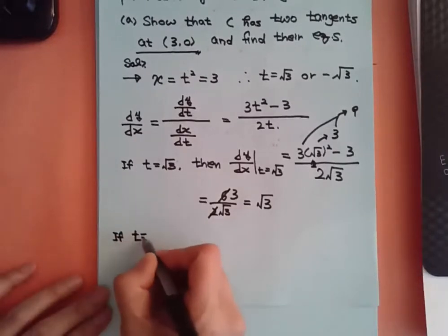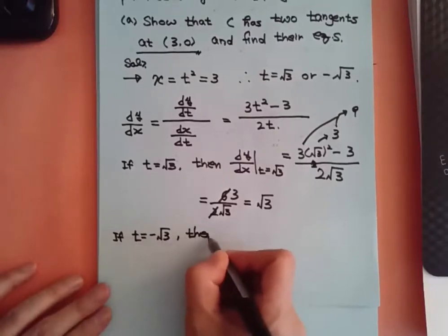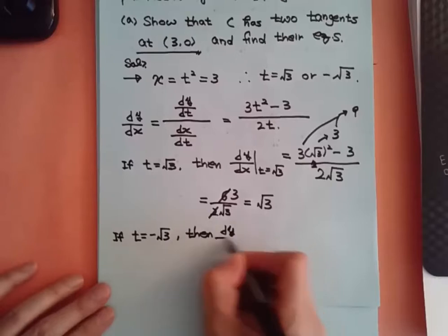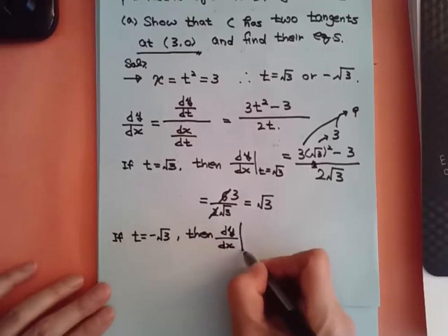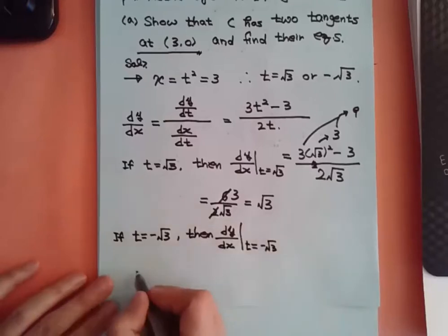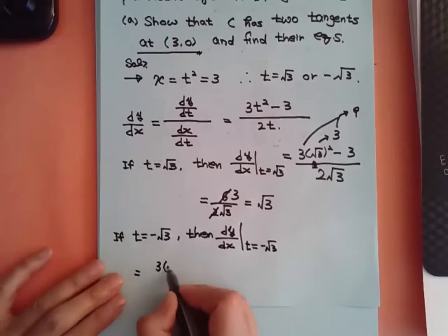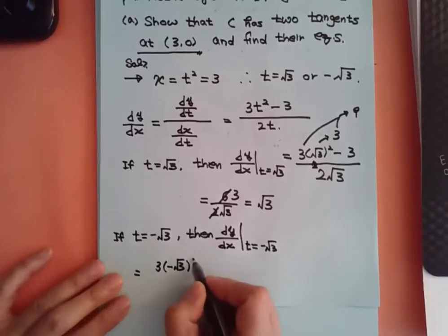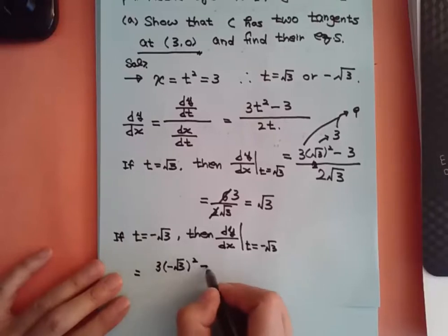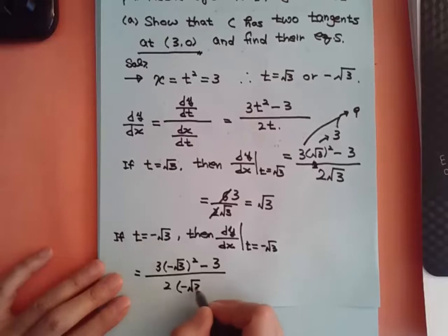If t equals minus square root of 3, then dy over dx at t equals minus square root of 3 is 3 times t squared, where t is minus square root of 3 squared, minus 3, over 2 times minus square root of 3.